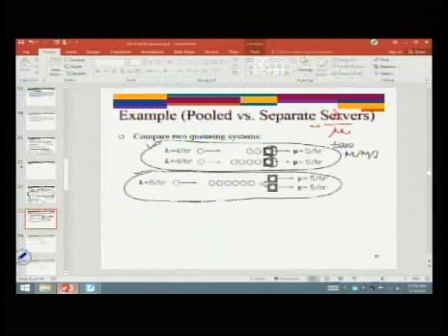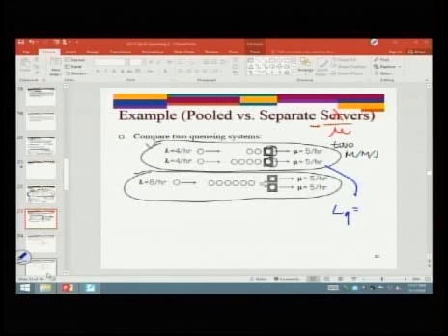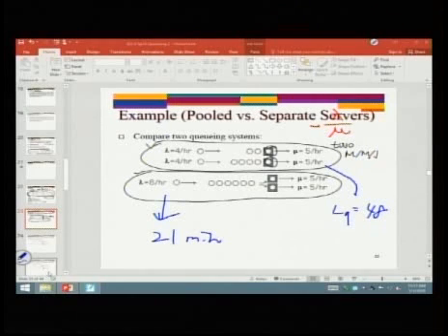So let's go back to this. Previously, for the first case, the WQ, average waiting time, was 48 minutes, right? But right now, it is 21 minutes, right? So which one is better in this case?